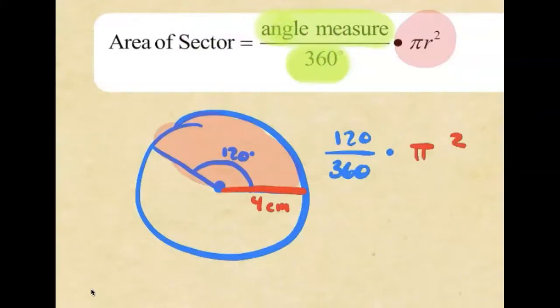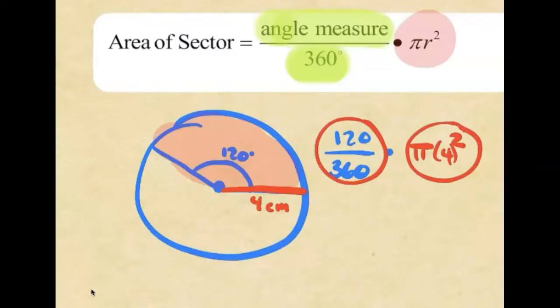In this case, the radius is 4. So it would be whatever 120 divided by 360 is, which happens to be a third, but you figure out that fraction first. And you just take a third of whatever pi 4 squared is. So I already know 120 over 360 is a third.